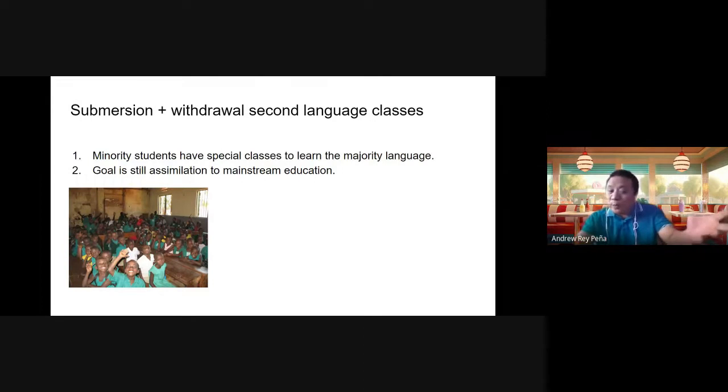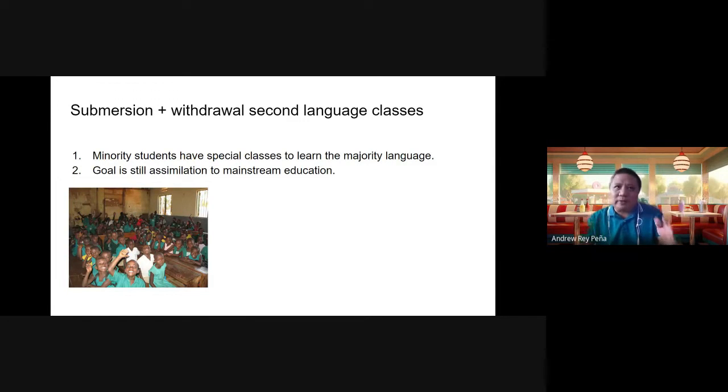However, they are withdrawn or pulled out for second language instruction. So there's a separate class for those minority students in which they are taught the majority language with the language teacher.